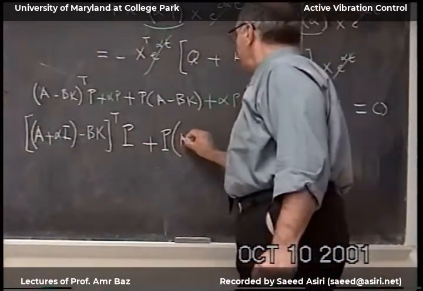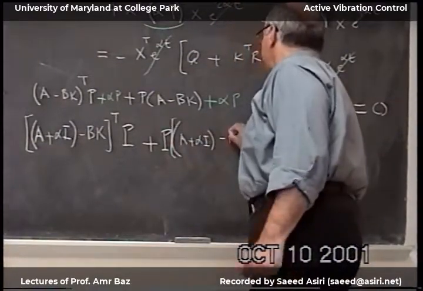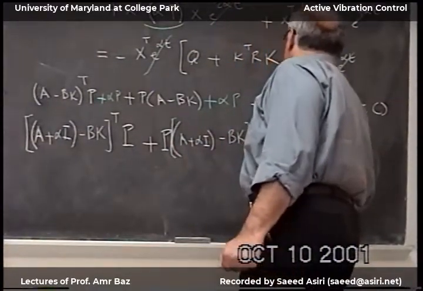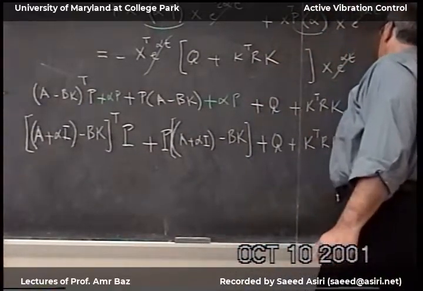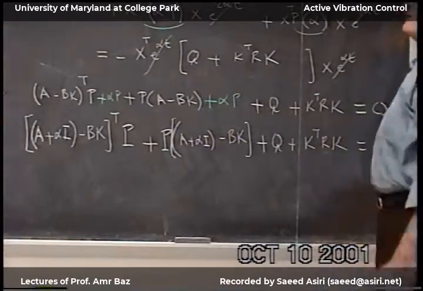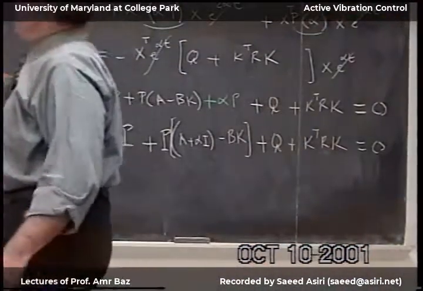So this would be a plus alpha I minus bk equal to 0.